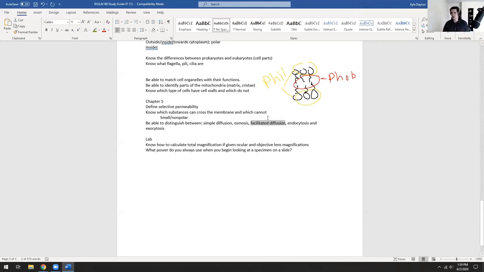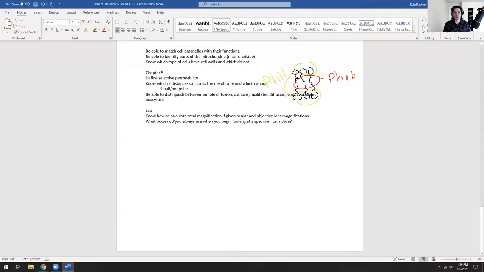It's specially shaped to bring in sugars, for example. Endocytosis is cell eating, bringing stuff into a cell, and exocytosis is things exiting the cell.